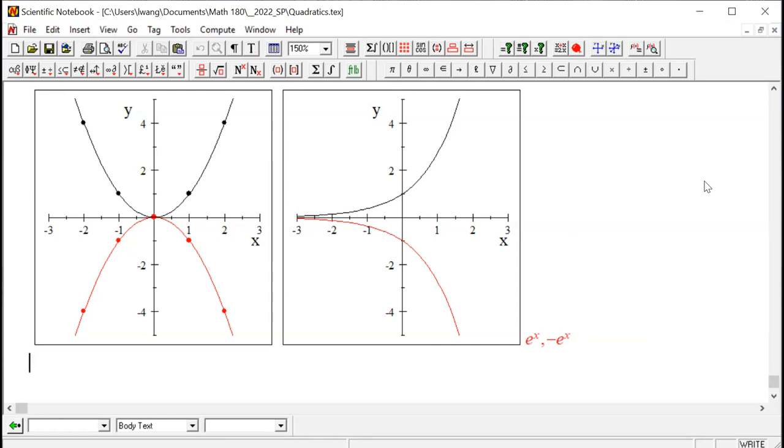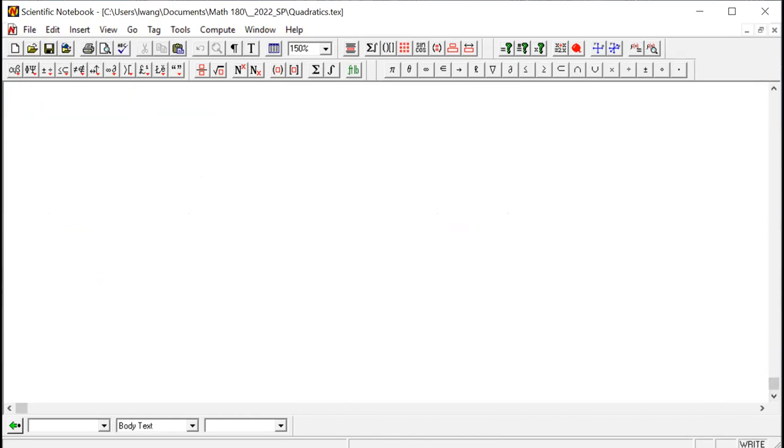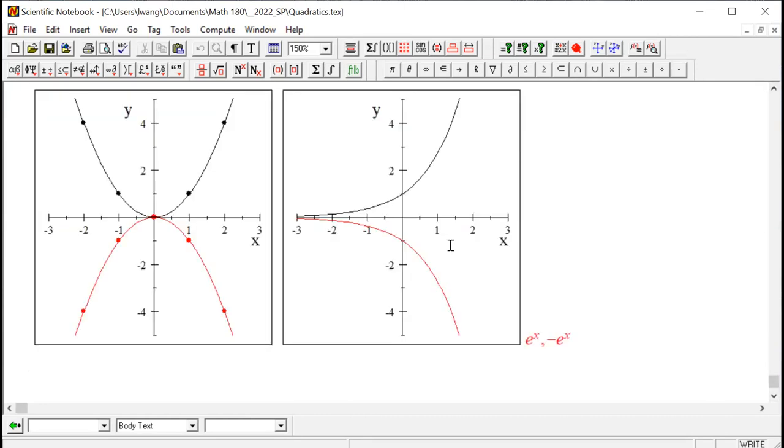Let's look at another example. Which one do you want to see? How about natural log x, ln x, and negative ln x. Let's see what we get.